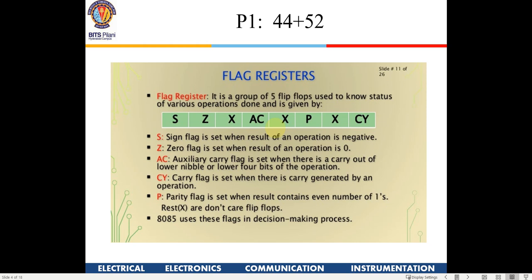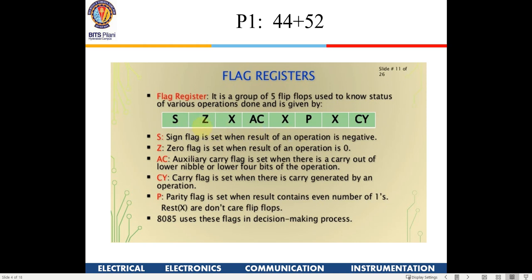Suppose you want to compare two numbers. You subtract those two numbers and check the zero flag. If it is 0, it means both the data are equal. We learned that in programming, so that is the importance.